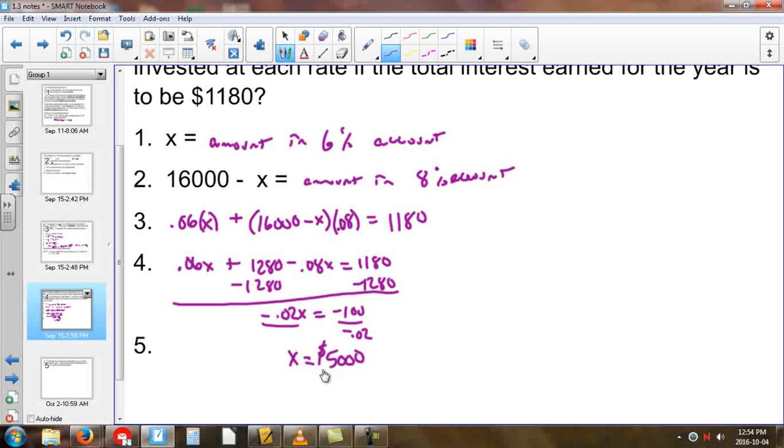The question though is, well, what would be the amount in the other account? So this was the 6% account, so the other amount would have to be $11,000 because we just subtract from 16,000. So this was for the 8%, and this was for the 6%. Obviously, most of the money needs to go in that 8% to get a big increase in a year.